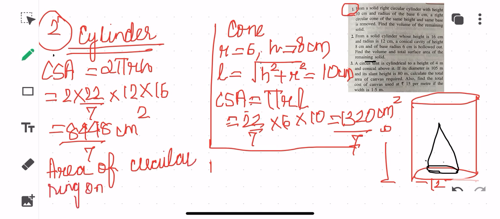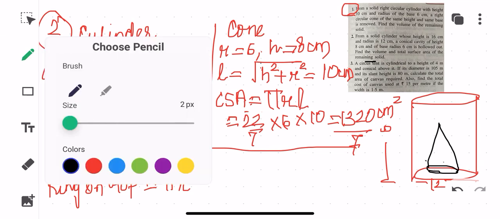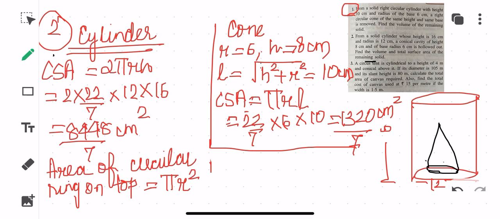So in case of cylinder, that will be equal to pi into r square, wherein r you have taken as what, children? For your ease, for cone you can take it as r2 h2, and here you can take r1 h1. So this is r1 square.